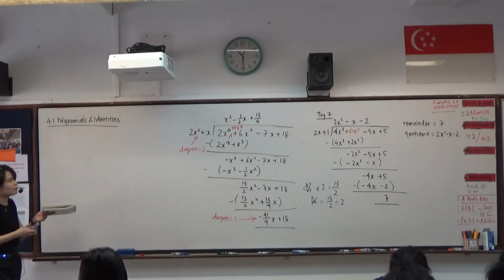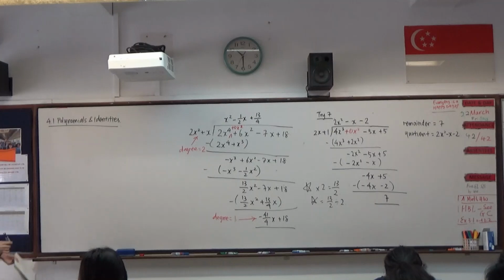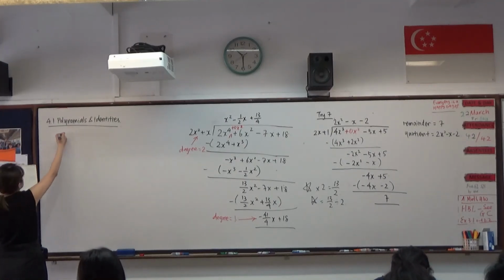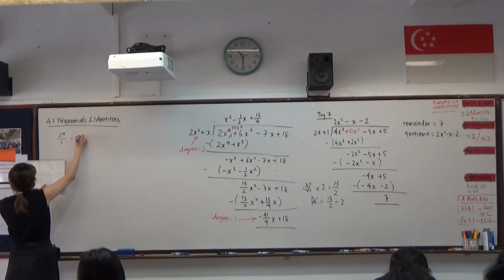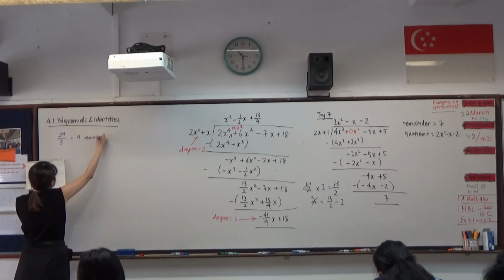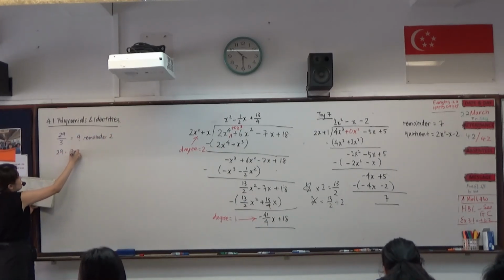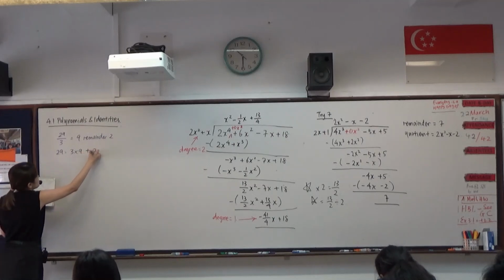So making use of what we have just done, remember earlier when I was doing the division of 29 divided by 3, I got 9 remainder 2, which I also said that 29 is equal to 3 times 9 plus 2.